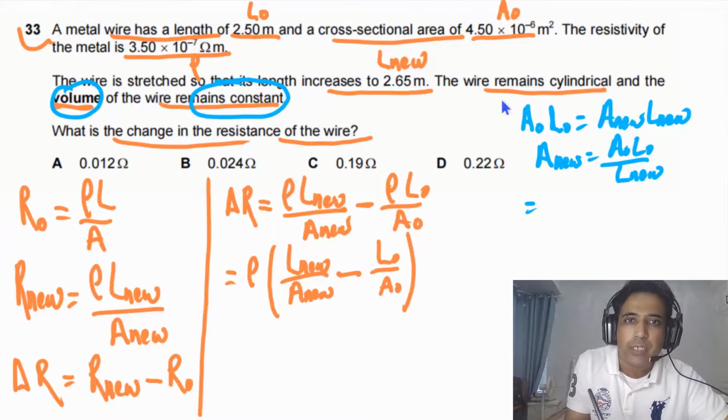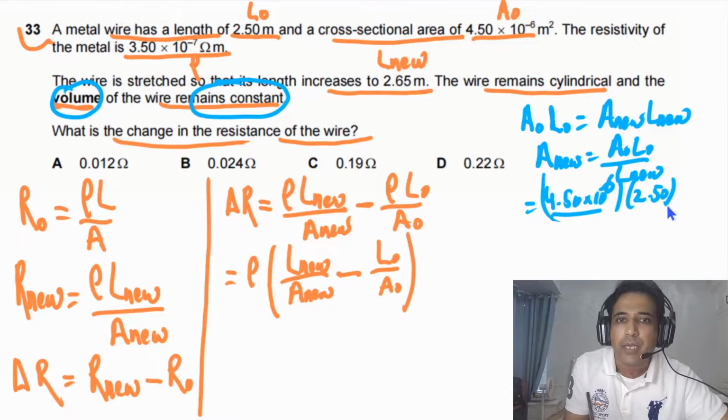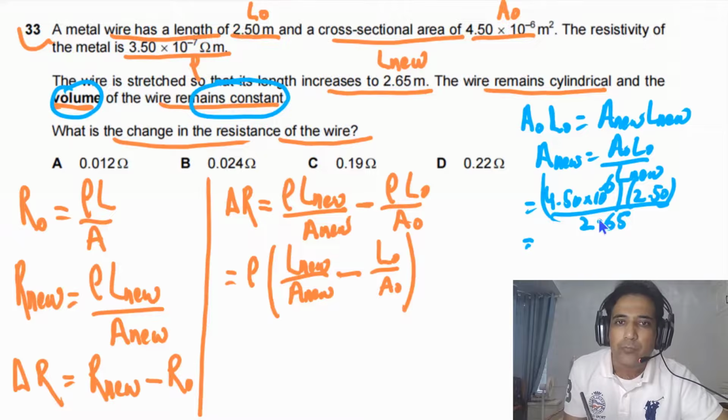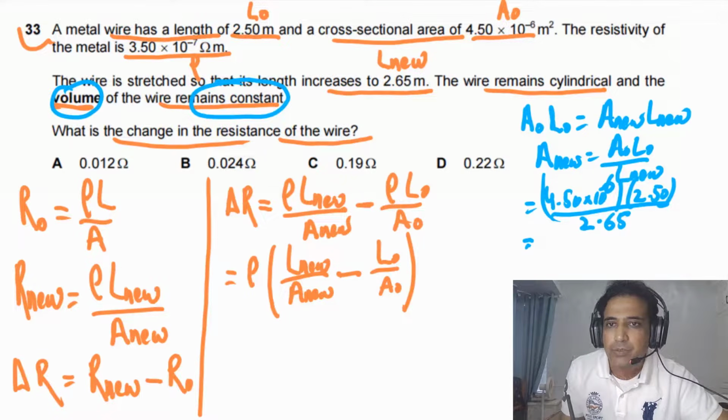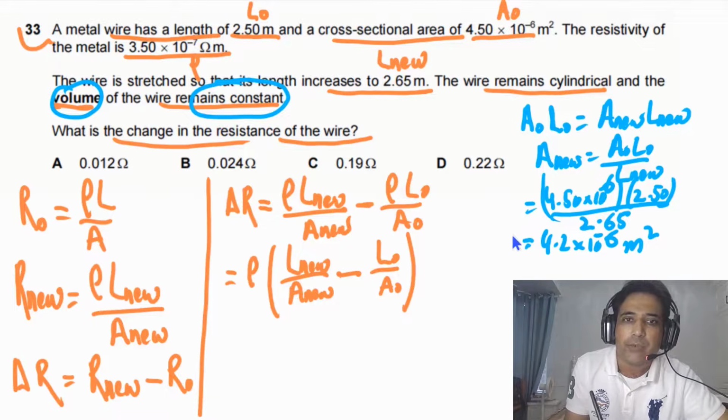We have the value of A naught, that is 4.50 times 10 to minus 6, the value of L naught, that is 2.50, and the value of L new, that is 2.65. If we solve this one, we will get 4.2 times 10 to minus 6 meters squared. So this is A new.